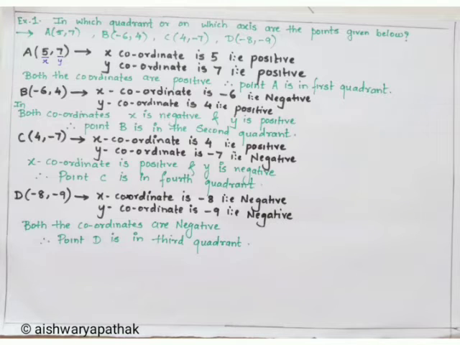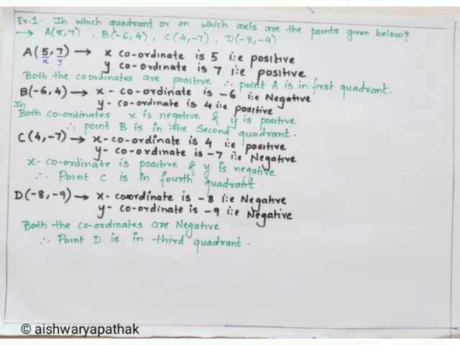So A (5, 7), B (-6, 4), C (4, -7) and D (-8, -9).